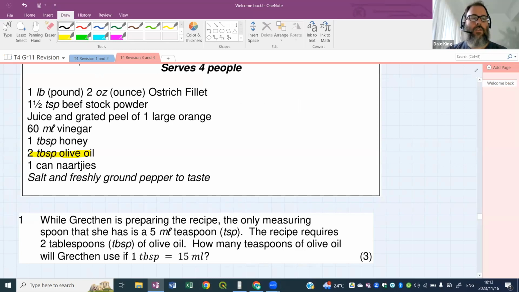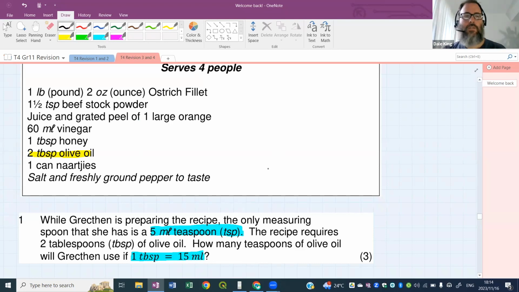Okay, so we need to measure out 2 tablespoons of olive oil, but this person only has a 5 milliliter teaspoon to measure with. So how many of these teaspoons will we need if 1 tablespoon is 15 milliliters? That's the question.